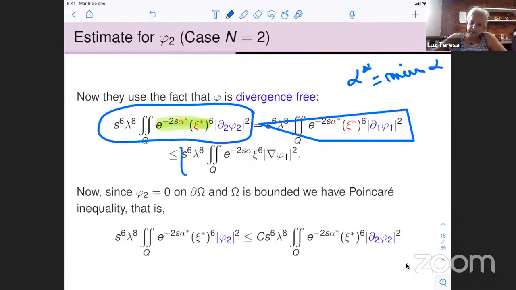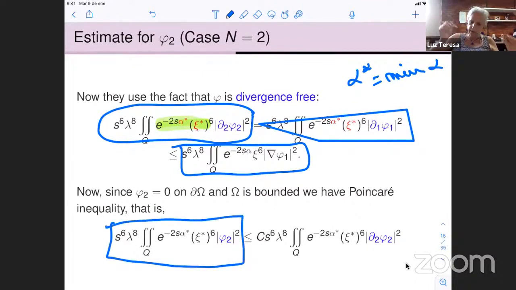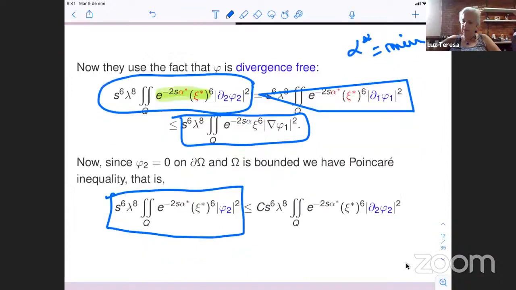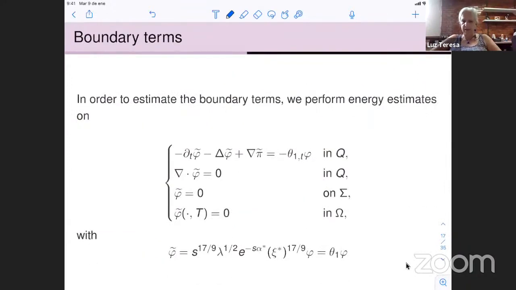And all this is bounded by the weight that appears in the Carleman inequality. And then using Poincaré inequality, you are able to bound your second component of the Stokes system. Okay, so this is all the trick.